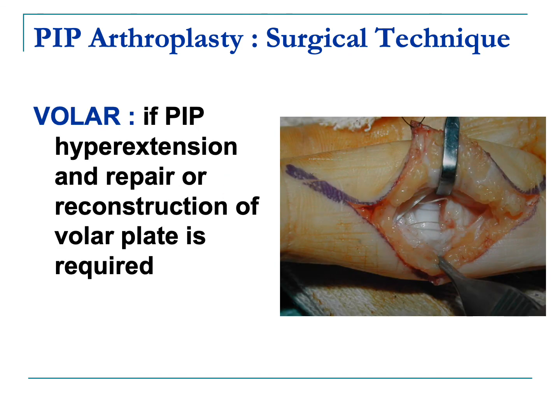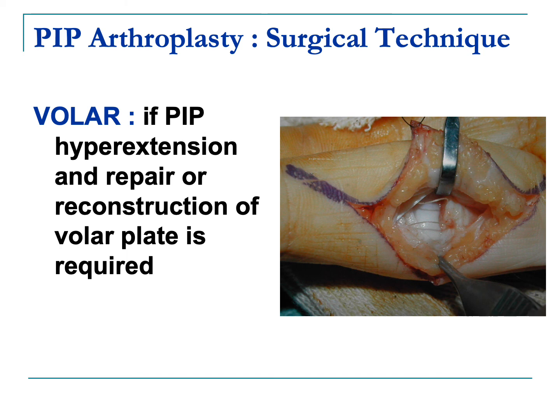If the patient, however, has the opposite problem, a swan neck type deformity, with hyperextensibility of the PIP joint, then something must be done to regain competence of the volar structures to deal with the volar laxity.